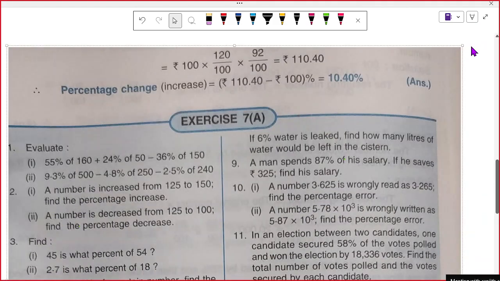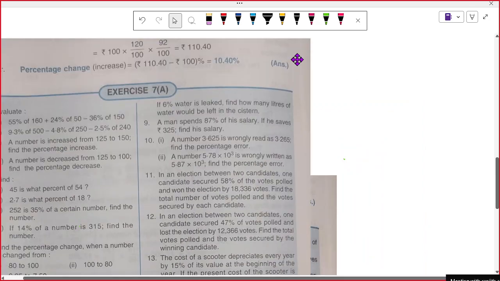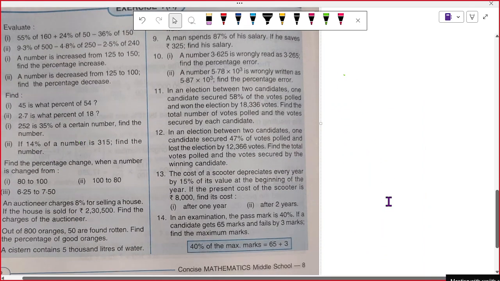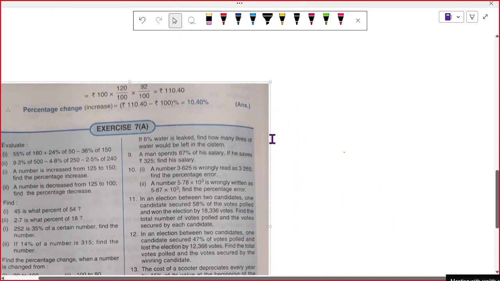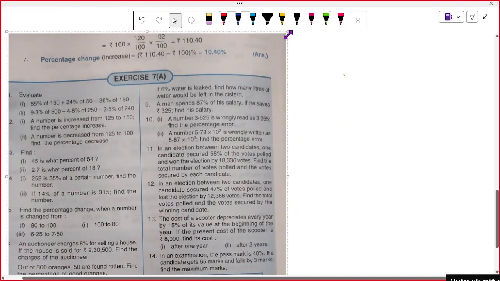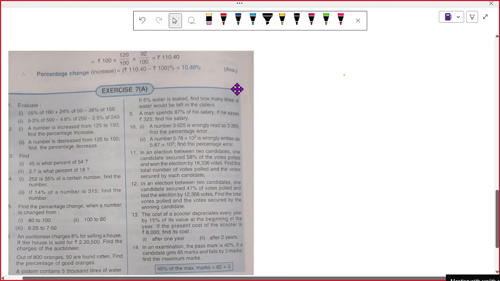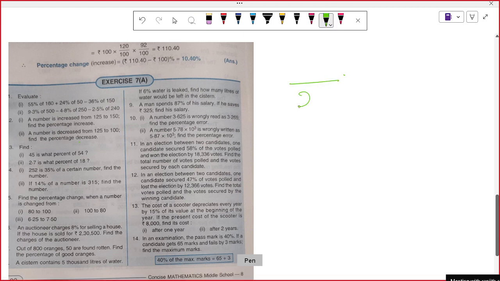Okay, how many answers were correct? 6 answers were correct, sir. Out of? First paper had 10 questions, sir. In that, 6 were correct, and in another 10, 7 were correct. Total, 20 questions. 6 plus 7 is 13, right?